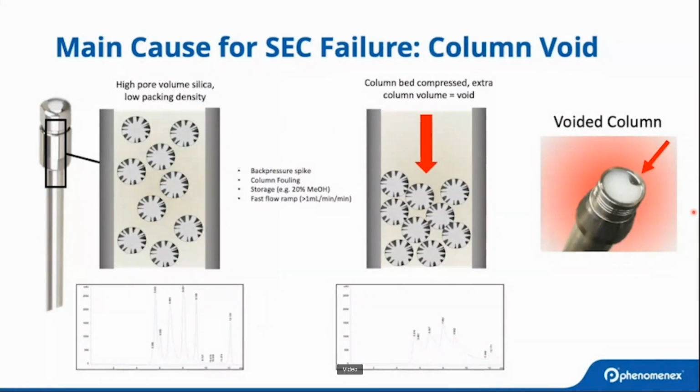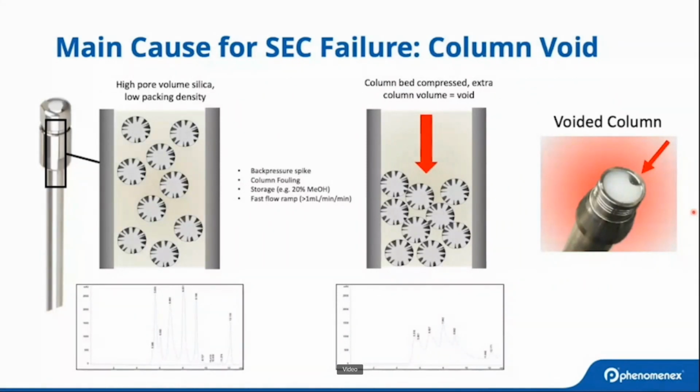And this poor mechanical strength silica prevents us from packing the column at high enough packing pressures. When a column isn't packed at these higher packing pressures, it becomes susceptible to premature column failure.